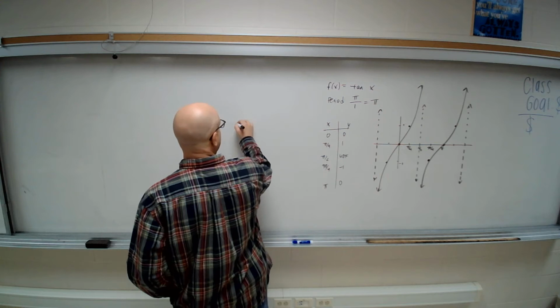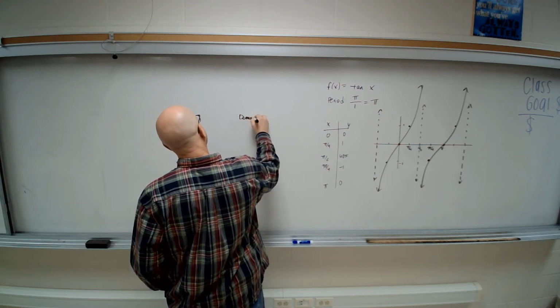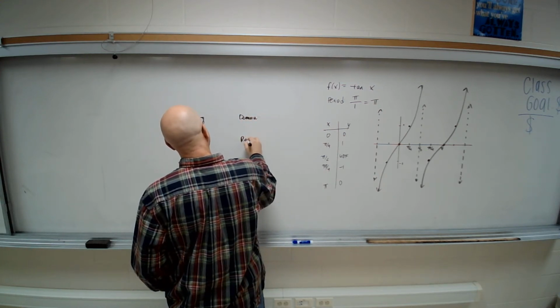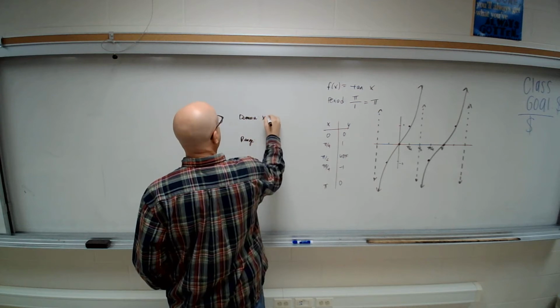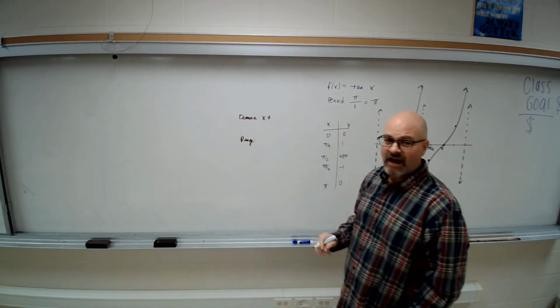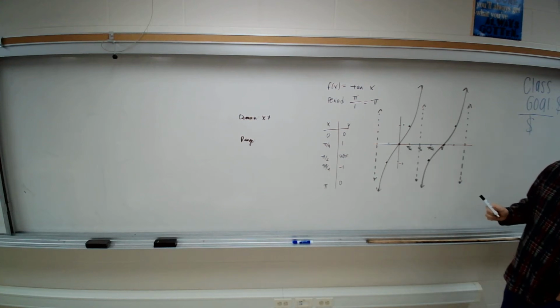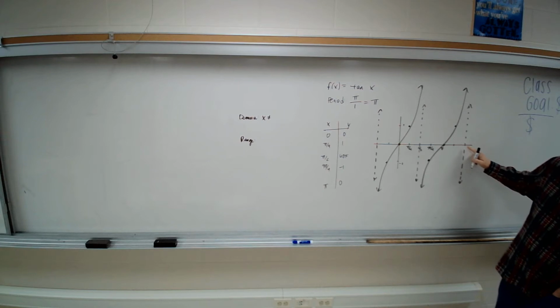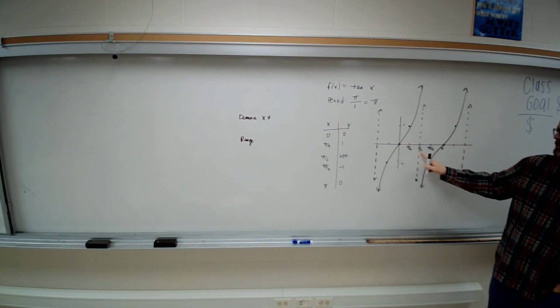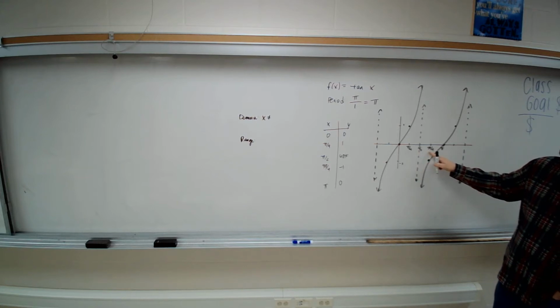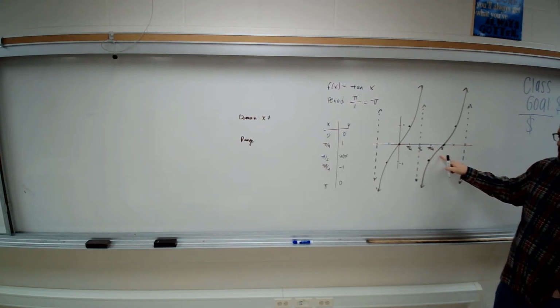So for this graph, our domain, we talked about how to write that in our warm-up, but we're going to state where x is not defined. And if we look, we want to see how far apart those are. So let's see. It would be nice to know where this was at, wouldn't it? So we had pi over 4. This is 2 pi over 4, 3 pi over 4, 4 pi over 4.